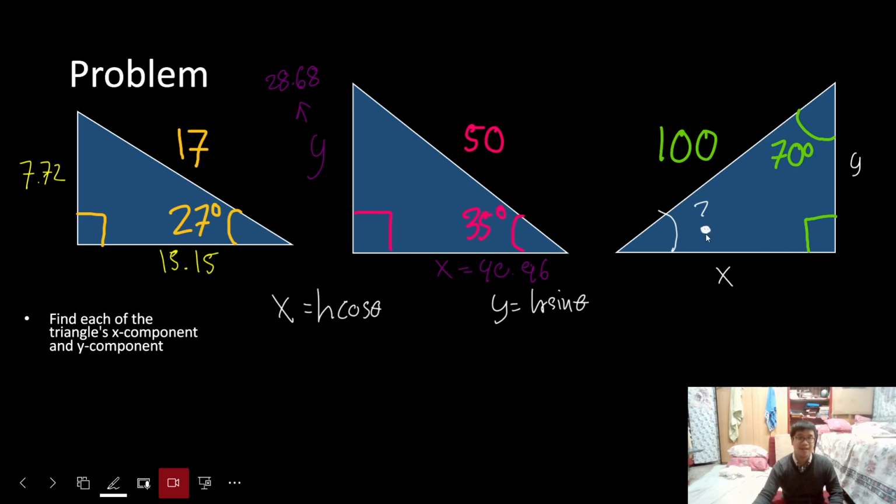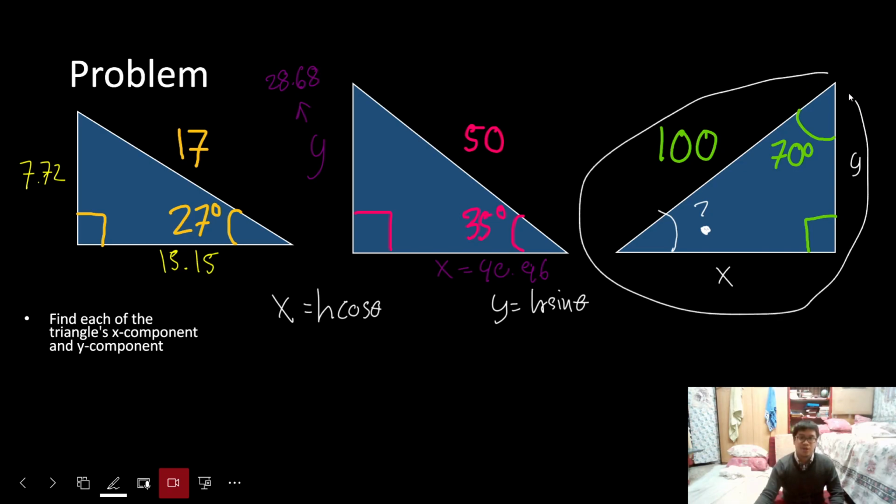Let's find the angle here. The other way around, just imagine you're going to flip this right triangle at 90 degrees. So we have two ways, and it's up to you which one of the ways you prefer the most. Let's start with the first way.